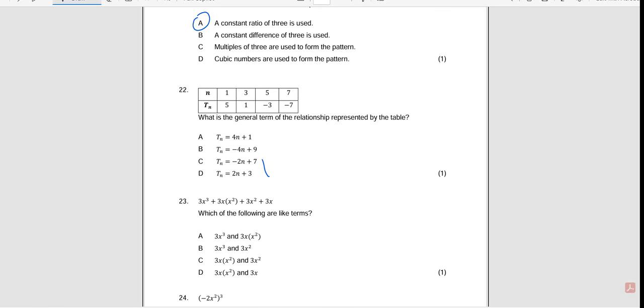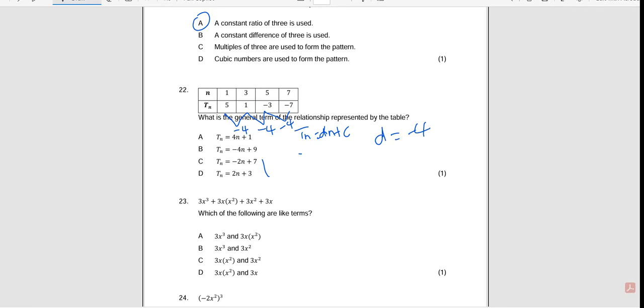You're going to look for D. Our formula says Tn equals Dn plus C. One thing we need to do is to look for D first. 1 minus 5 is going to be -4. -3 minus 1, -7 minus -3 is -4. Meaning that D is -4.